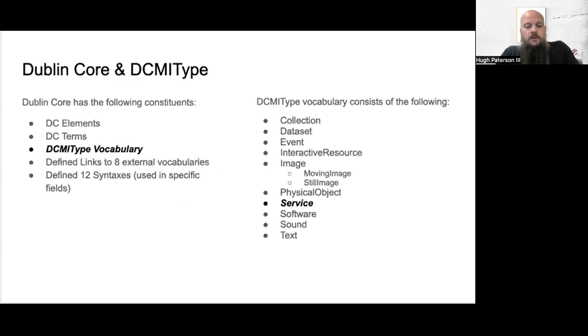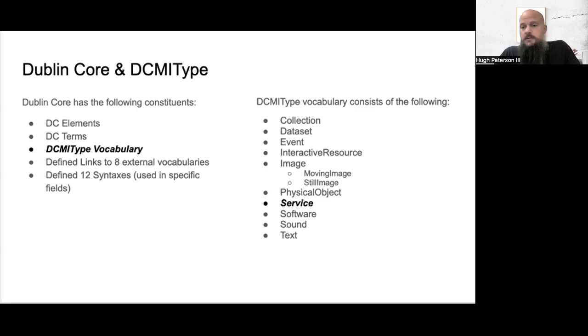By way of refresher, Dublin Core and the DCMIType service, where do they fit? So Dublin Core has several constituent components: the Dublin Core elements, the Dublin Core terms, the DCMIType vocabulary, which is the part of the Dublin Core Metadata Standard that I'm going to be basing my conversation out of. Then there's the 8 external vocabularies that Dublin Core can link to and use.